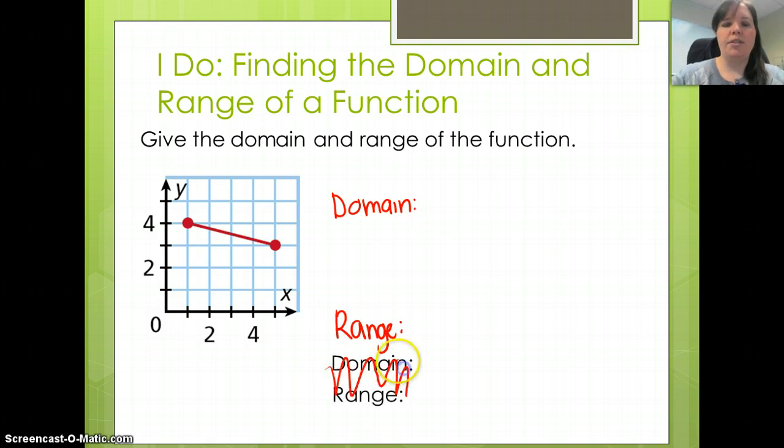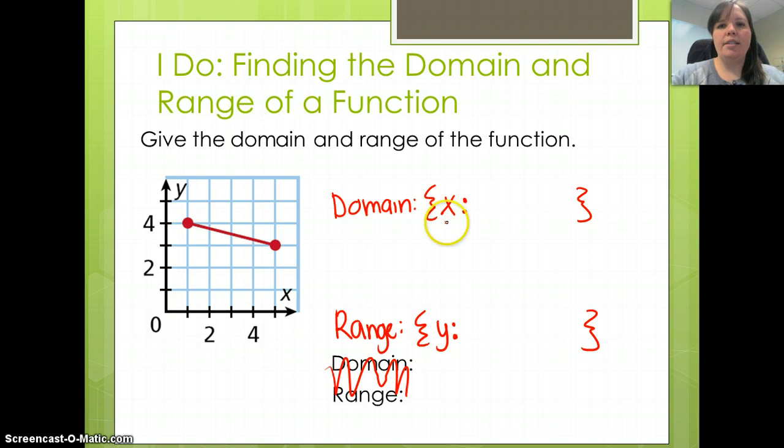Oh well, we can cross those out. Again, your notation, you want to start with our squiggly lines and our y and x colon. That just says we're defining the set. Domain is x's, all x's, where, and then we're going to fill in the blank to describe it.